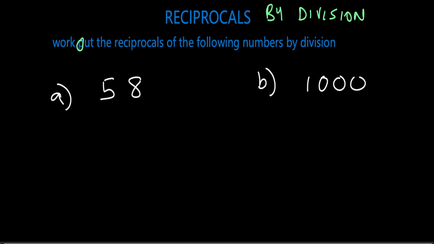Question A umeambiwa find out the reciprocal of 58. So basically the reciprocal of 58 can be written as 1/58. Now using long division, waweza fanya hivi, kuchukua 1 divide by 58.